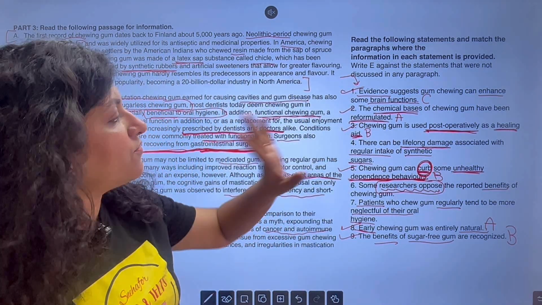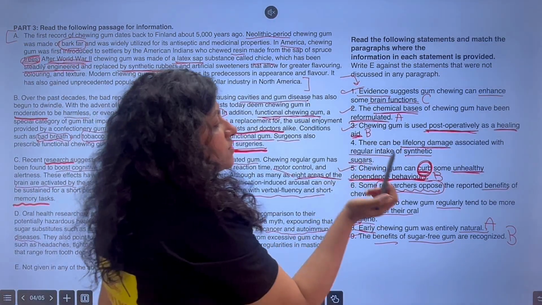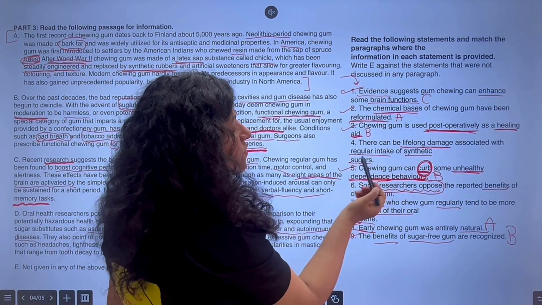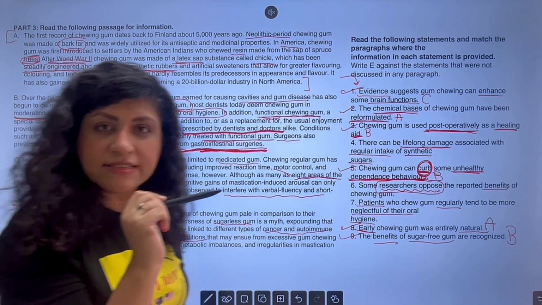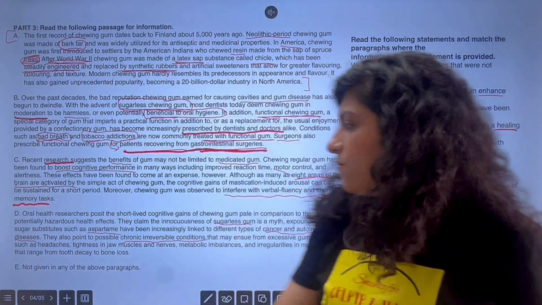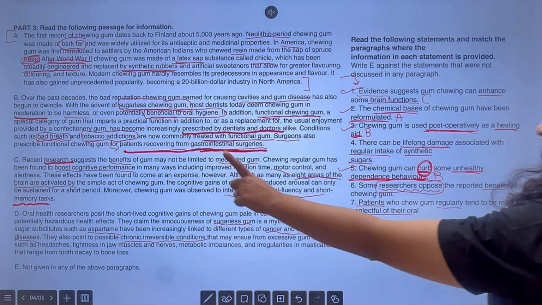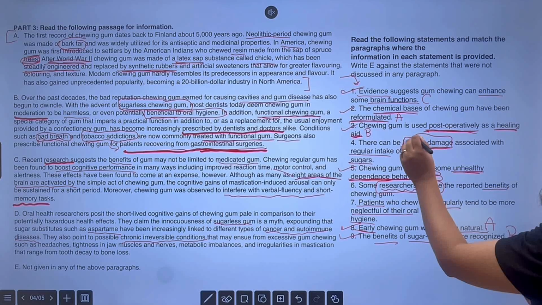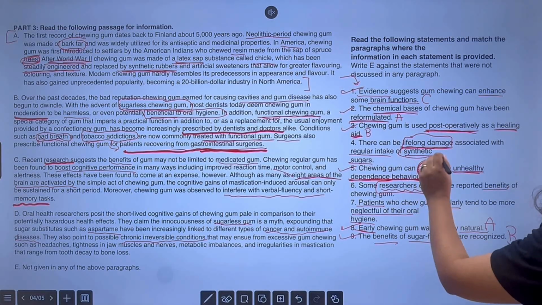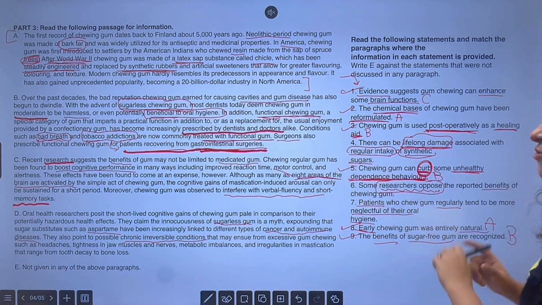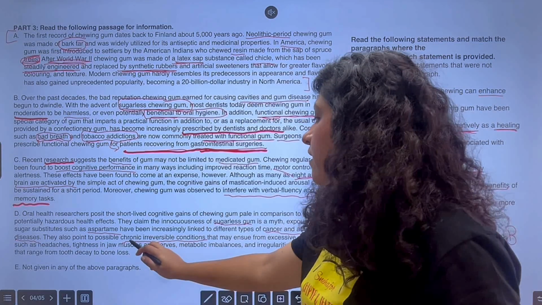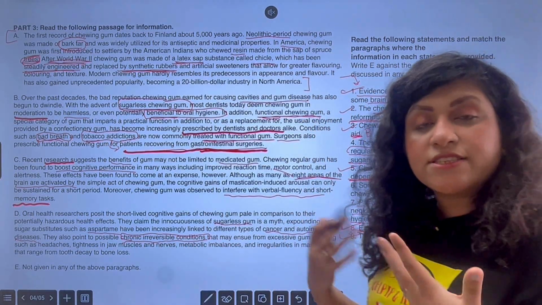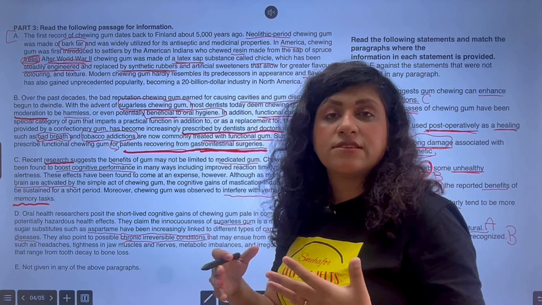They also point to possible chronic irreversible conditions that may ensue from excessive chewing gum, such as headaches, tightness in jaw muscles and nerves, metabolic imbalances and irregularities in mastication that range from tooth decay to bone loss. So this paragraph talks about hazardous health effects. It's not talking about benefits anymore. Now we'll look at the rest of the questions. Question number 4 says, there can be lifelong damage associated with regular intake of synthetic sugar. Yes, D talks about it. How? My keywords here are lifelong damage, synthetic sugar, regular intake. If you look at this, chronic irreversible condition means lifelong damage, something that cannot be reversed.